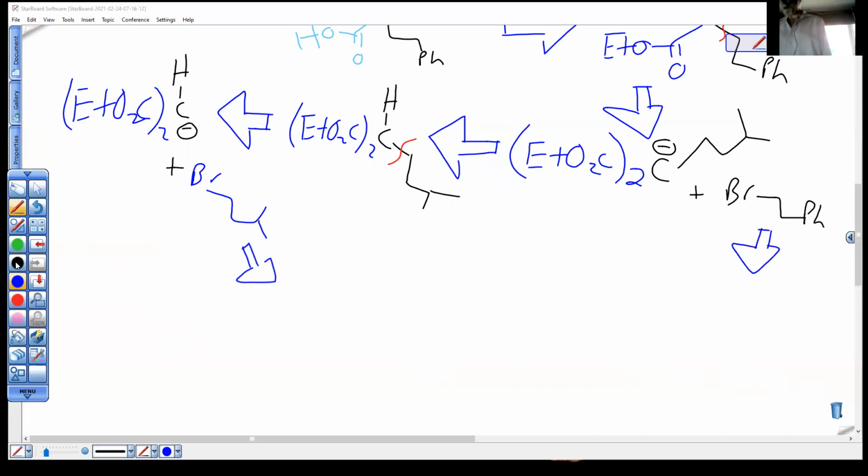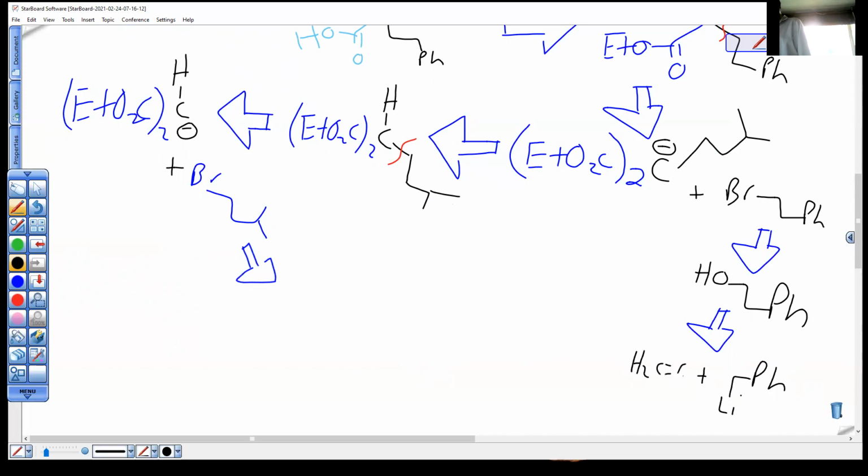I got that from an alcohol. You can't circle it. It's not benzyl alcohol. But on our first test, we learned how to make things 1 carbon longer using things like organolithiums or Grignards and formaldehyde, which comes from methanol.